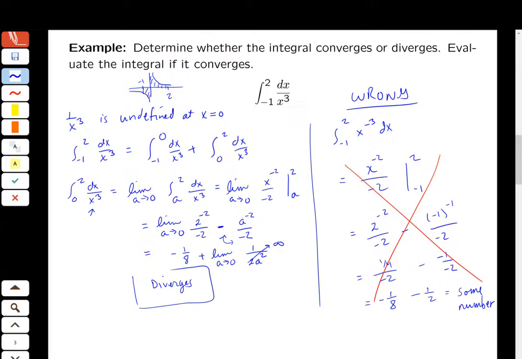If we were just to look at this on the test, how would we determine that we need to do the limit? You know that it's undefined at 0. 0 is in between those two endpoints. If I had given you something from 1 to, say, 12, you know you can integrate away, you're fine. But you have to break it at any place where it's undefined in the interval. Any other questions on that? Okay.